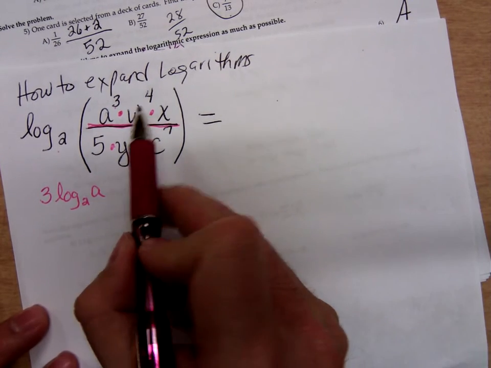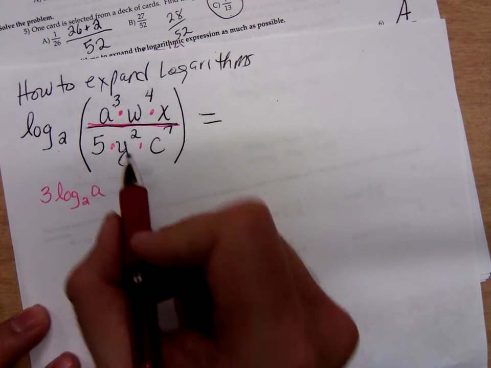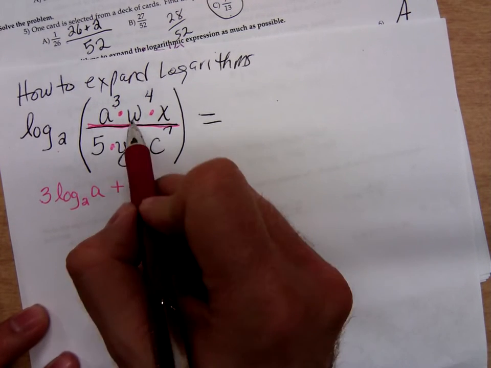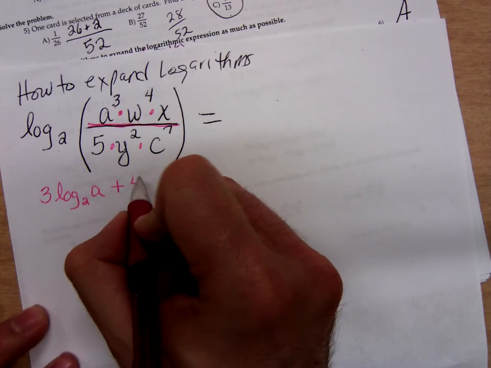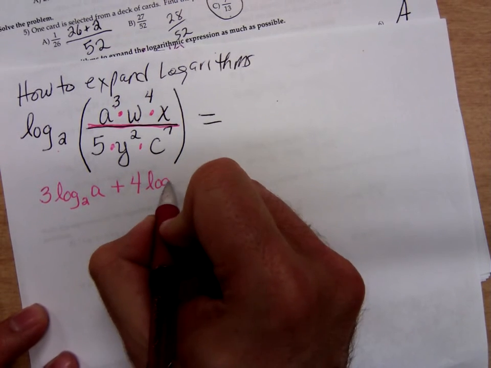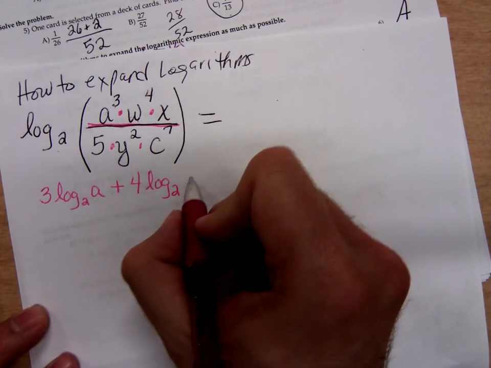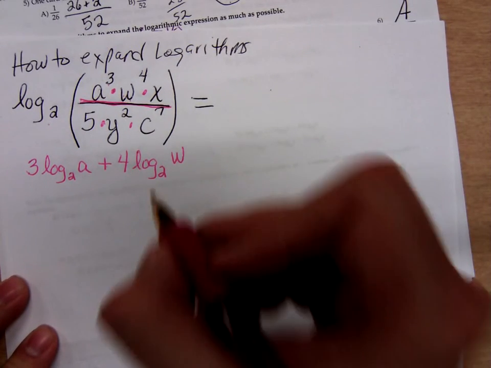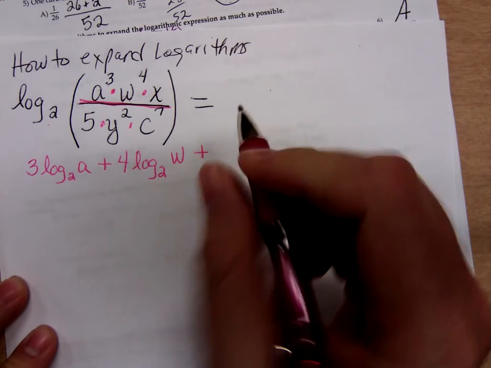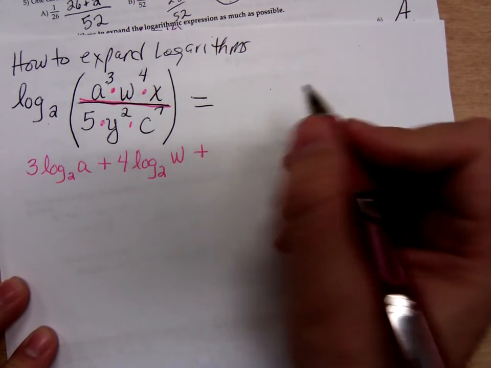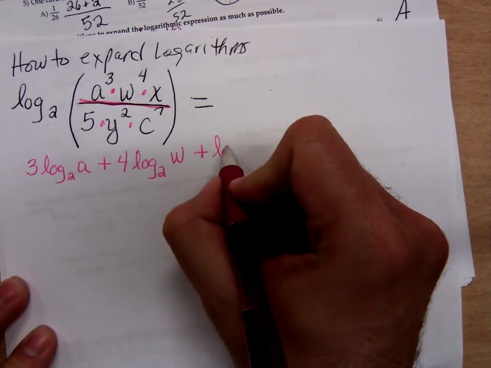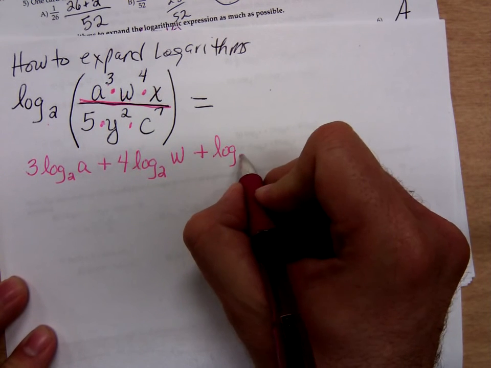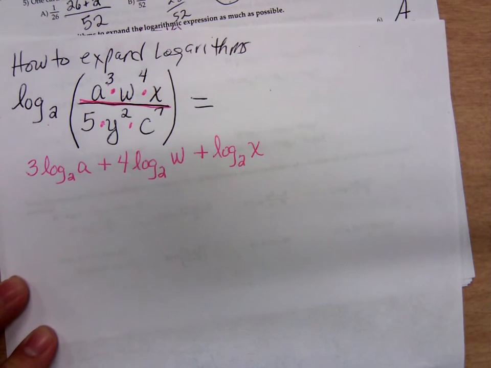Now we move to the w. It's going to be a plus. Do y'all hear Brenda? Plus 4 log base 2 of w, and then plus, there's not an exponent on the x, so you can write a 1, but I have a feeling if this were a multiple choice problem, it wouldn't have a 1 there. Log base 2 of x. Now we move to the bottom.